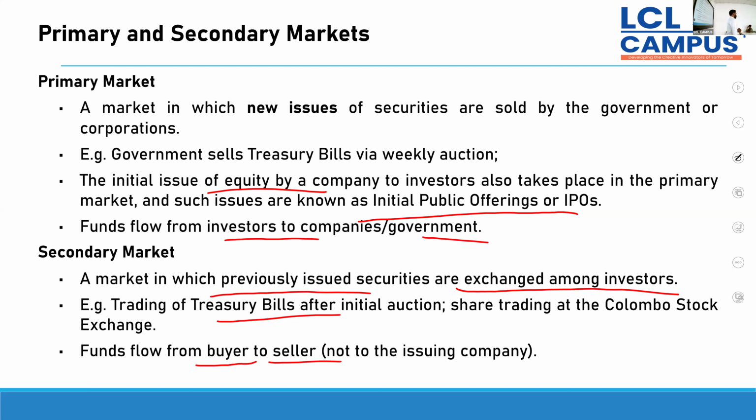So what are the major types of financial market based on the maturity of the security? Very good. Based on the maturity, we classify them as money market and capital market. What is the money market? It is a marketplace where we trade short-term securities, which have a maturity period of less than 1 year.